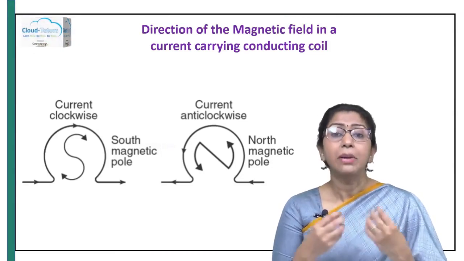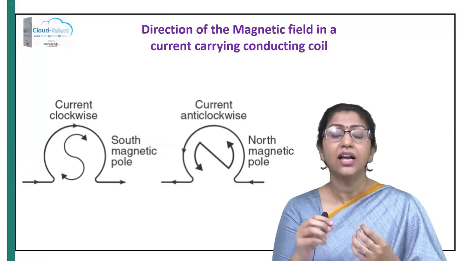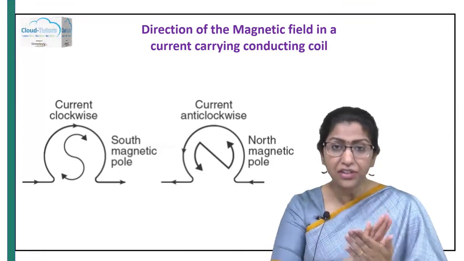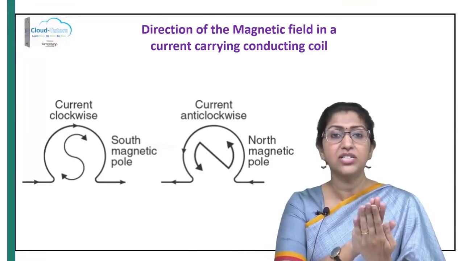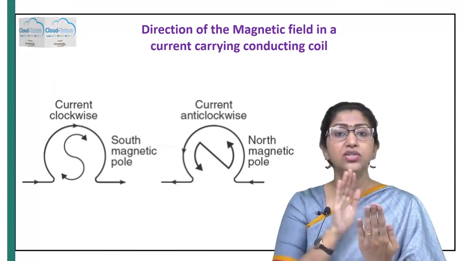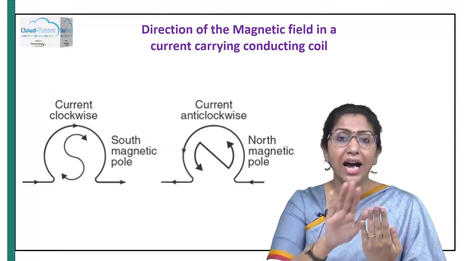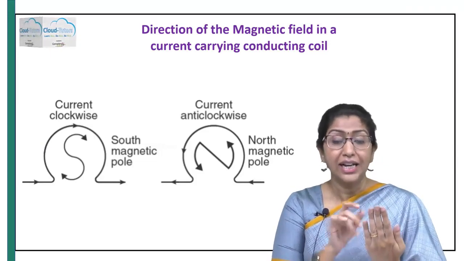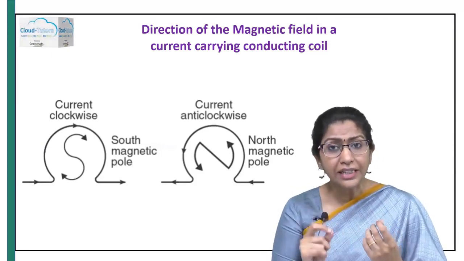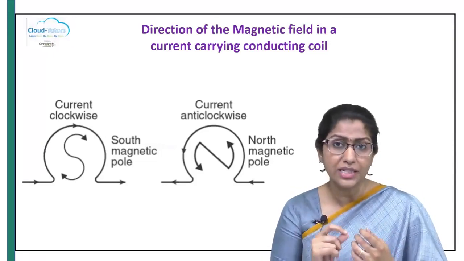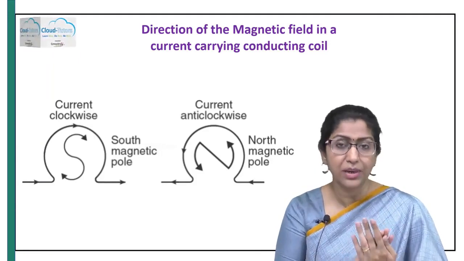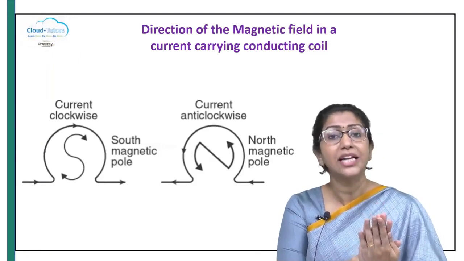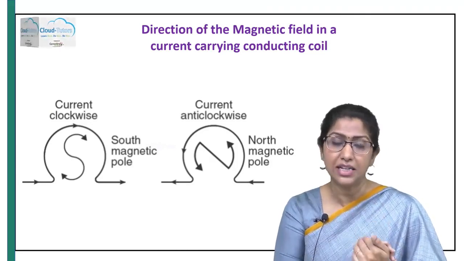If we pass the electric current in the clockwise direction, the face of the coil which is towards us will have the south pole of the induced magnetic field, and if the current is passed in the anti-clockwise direction, then the same face will have the north pole of the induced magnetic field facing us, right?